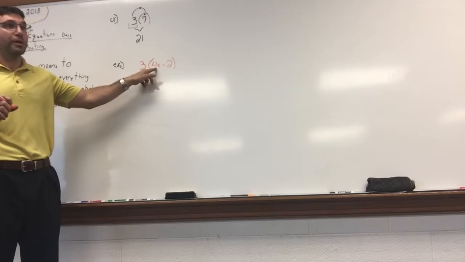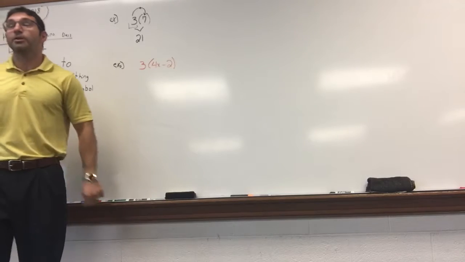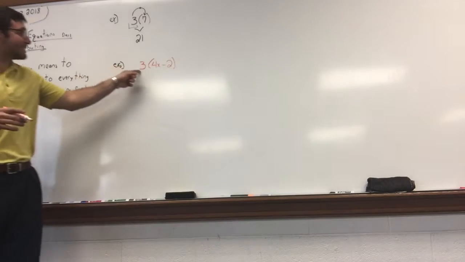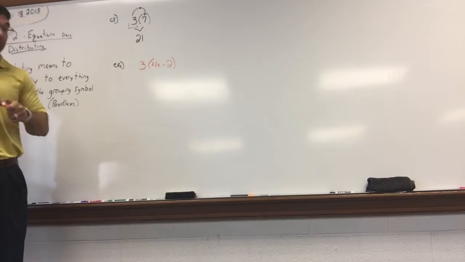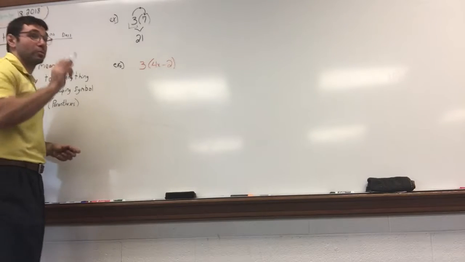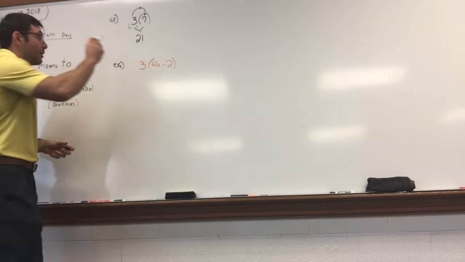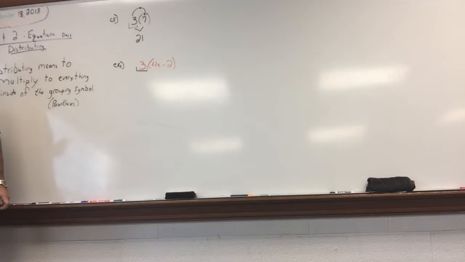No. We have 4 x's. There are 4 x's here. So now, is there anything between the 3 and the parenthesis? No, there's no sign between the 3 and the parenthesis. So I am going to, please, box my 3. Everybody with me still?